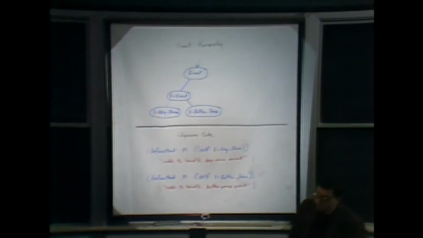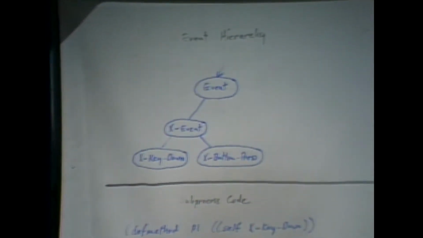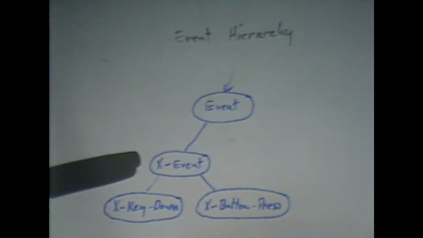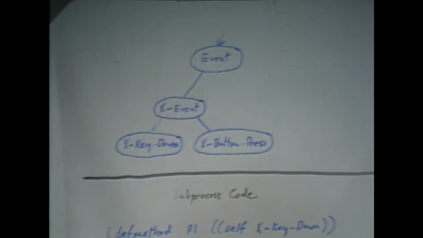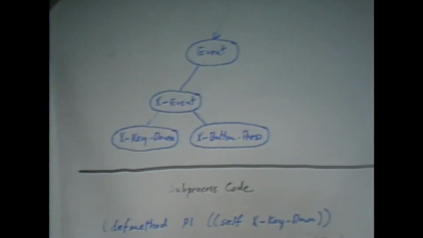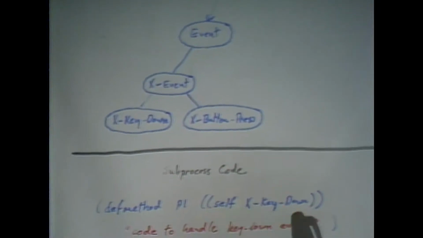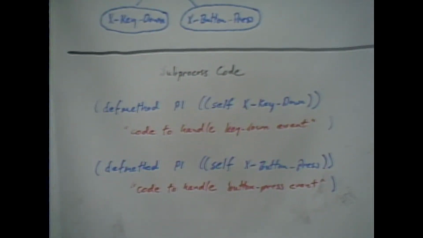Just briefly to show you how someone would code a subprocess, here is an example of a part of the event hierarchy. You have the event and then the X event, and for example, you could have a key down event or a button press event. And to define a particular subprocess, say P1, all you have to do is define a method that takes an argument of whatever the events are that you'd like to catch. And so the collection of those methods, in a sense, defines the subprocess.